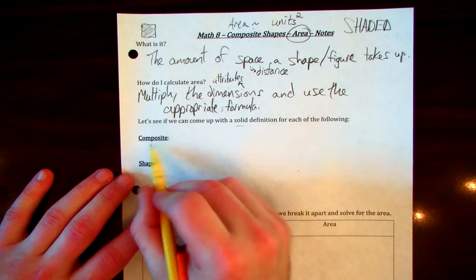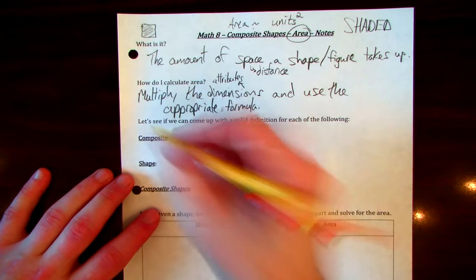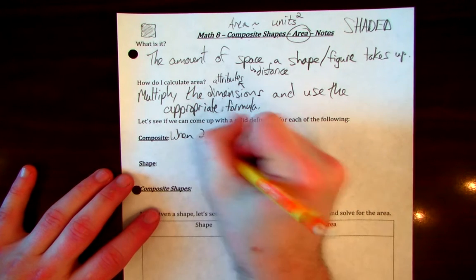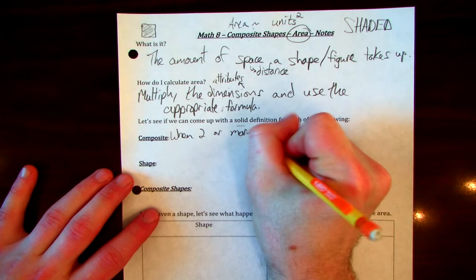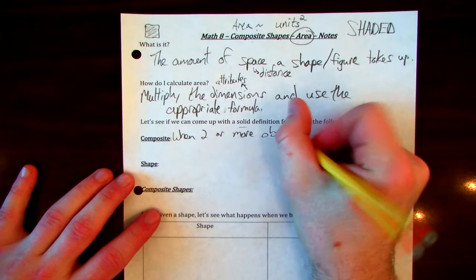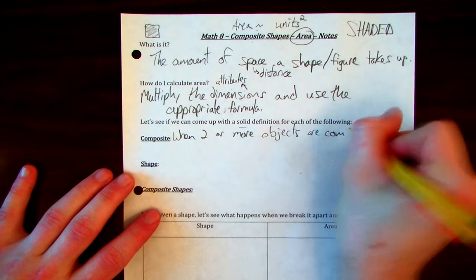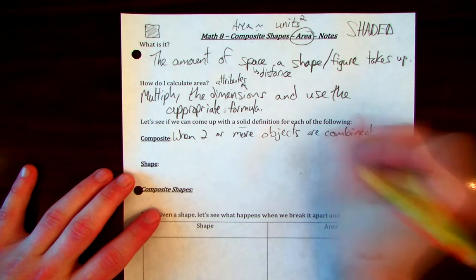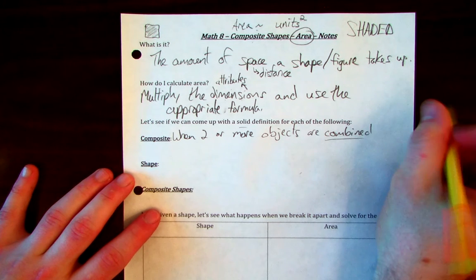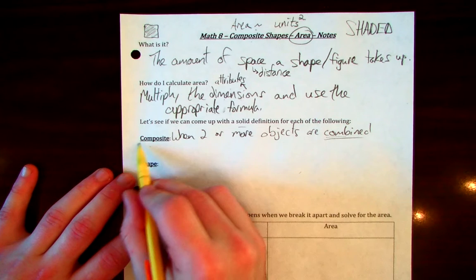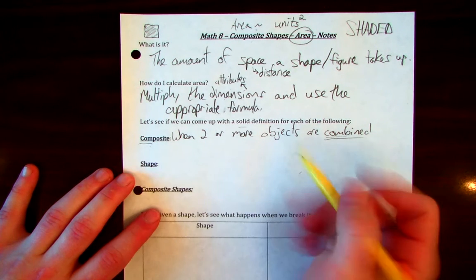So what does the word composite mean, just in general? Let's say when two or more objects are combined. Again, we have had that word before, combined, where we're combining like terms, but composite, notice how it has that first prefix in it.